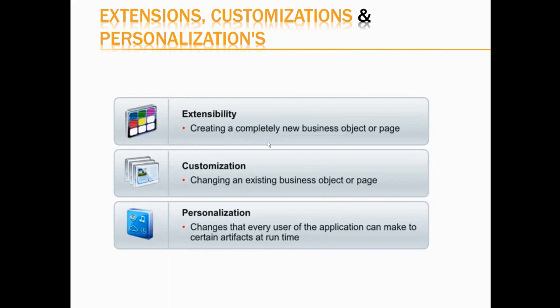When I say extensibility, it is nothing but creating a completely new business object or a page on the Fusion applications. Okay, so completely new. If it is a brand new page, it means I have to create my own custom page.